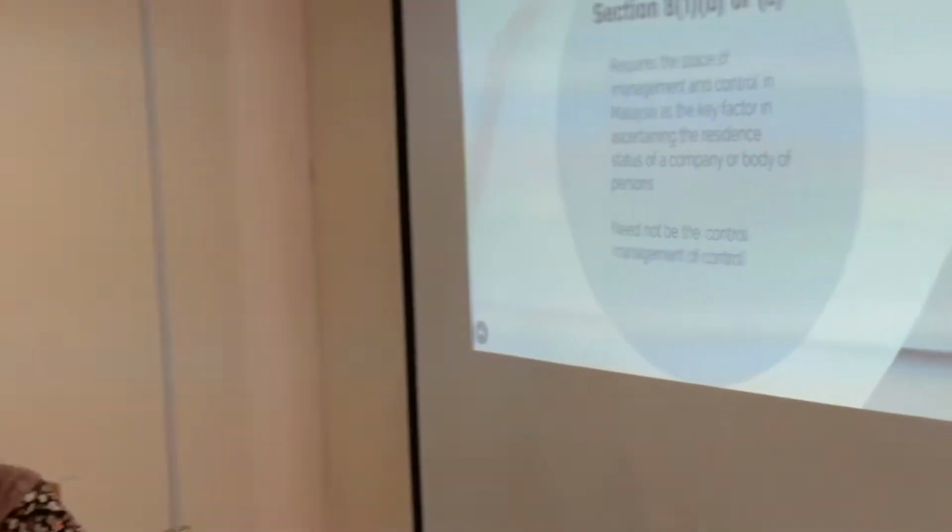Under this section, actually, it doesn't need to be control of the whole management. It just needs one organization, which is the company or the body of persons, to exercise its management or control in Malaysia. So under this section, one organization is sufficient to qualify as a tax resident in Malaysia.